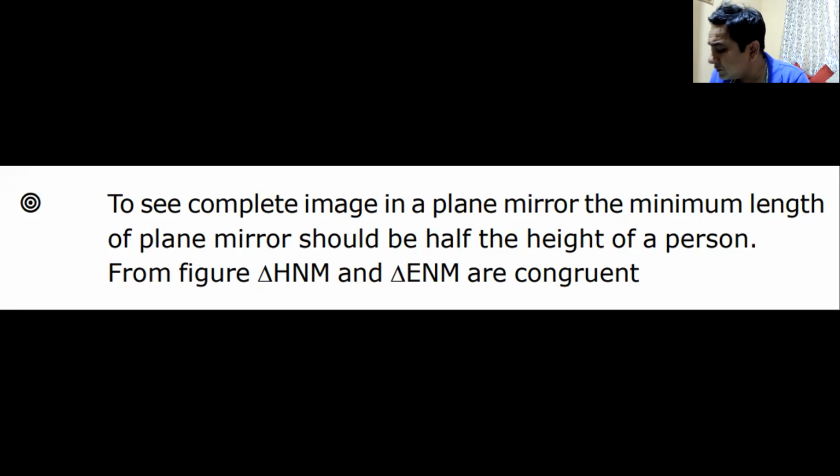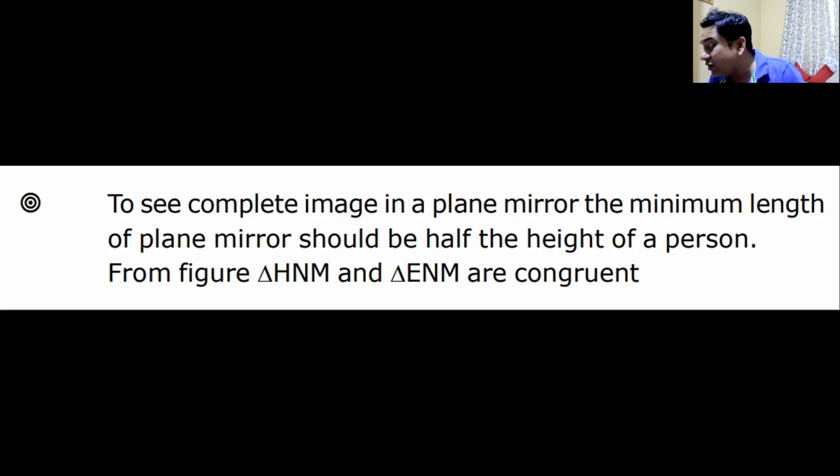What is the minimum length or height of a mirror that you require to see your complete image? Obviously, if the mirror is too big, you will be able to see your image. But if you start to decrease the height of the mirror, at some point you will stop seeing your full image.